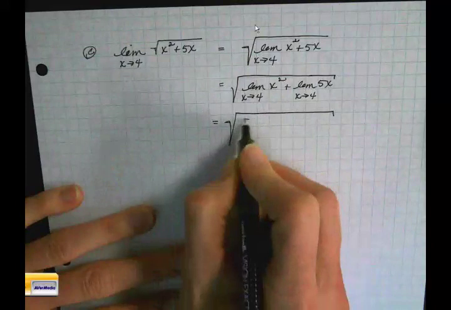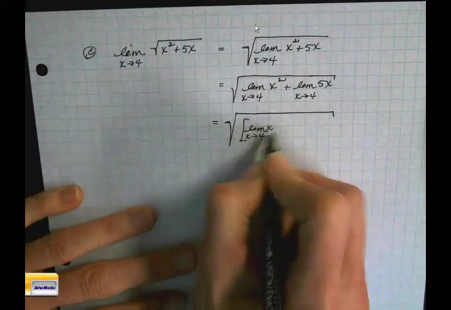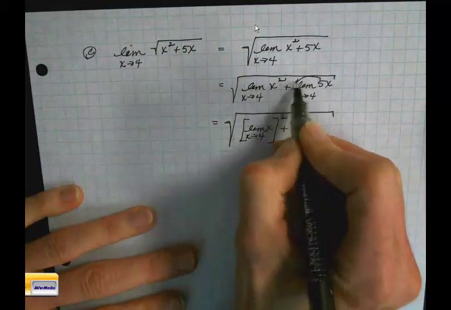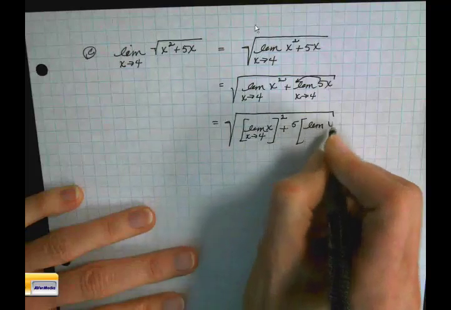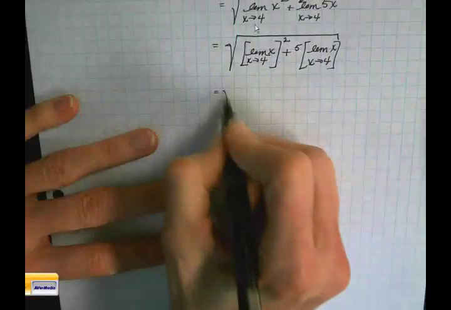Big square root, and this is the limit as x is approaching 4 of x, and that's a number that we're going to square. And this one, the constant can come in the front, 5 times the limit of x as x is approaching 4. So these are both the identity function.